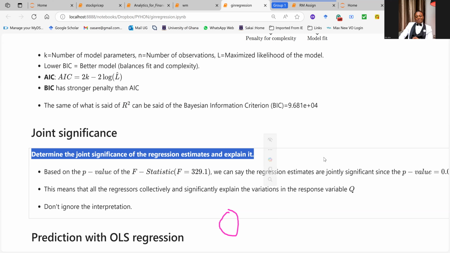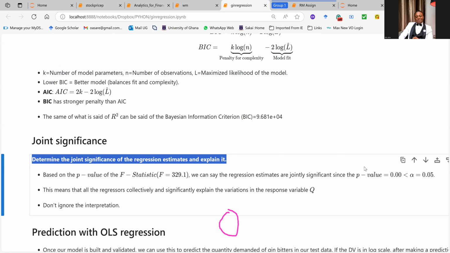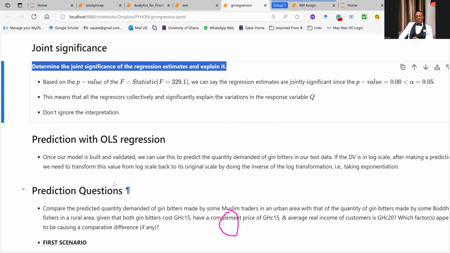So an R squared can be low, and yet the F test will still tell you that it's significant. All you got to do is to check the p-value. In our case, the p-value, if you check it above, was 0. Because it's 0, it is less than 5%, and therefore, all the coefficients are jointly significant.